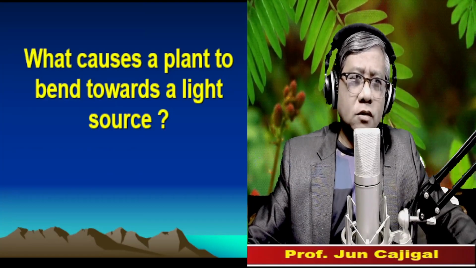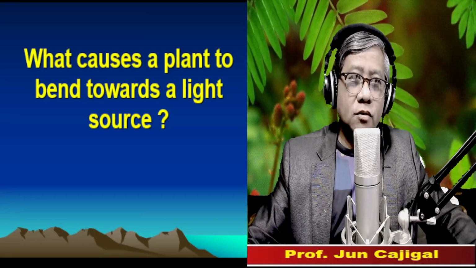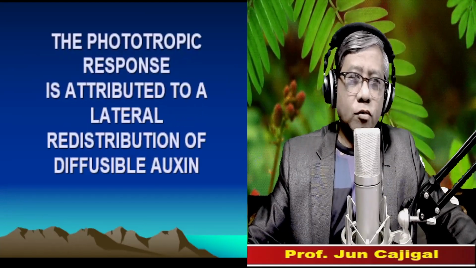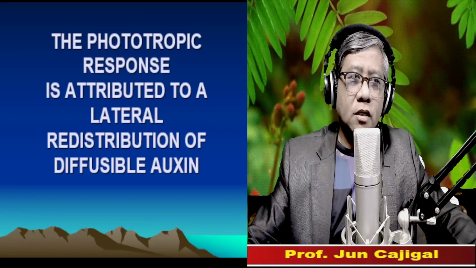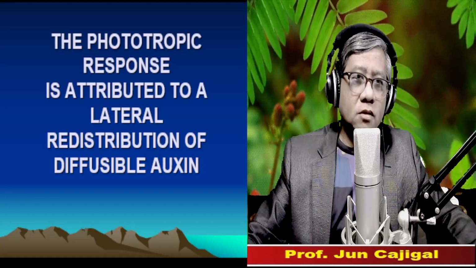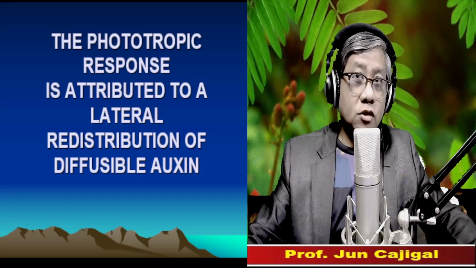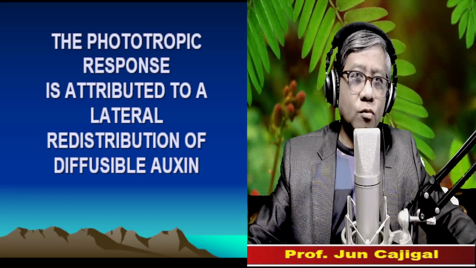Now, what causes a plant to bend towards a light source? The phototropic response is attributed to a lateral redistribution of diffusible auxin, which is a plant hormone.